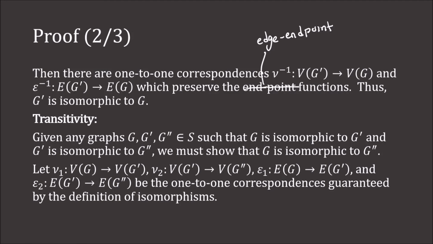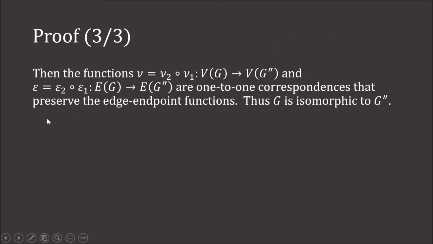Well, then we can define two new functions. Nu, which is nu 2 composed with nu 1. This will be a function from V of G to V of G double prime. And epsilon, which is going to be epsilon 2 composed with epsilon 1. That is now a function from E of G to E of G double prime.